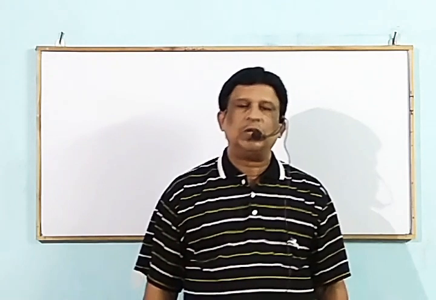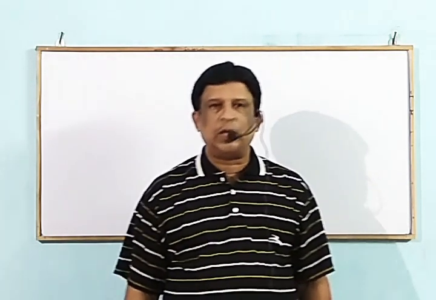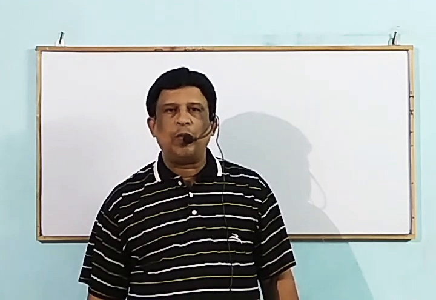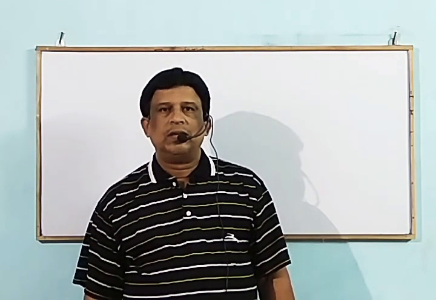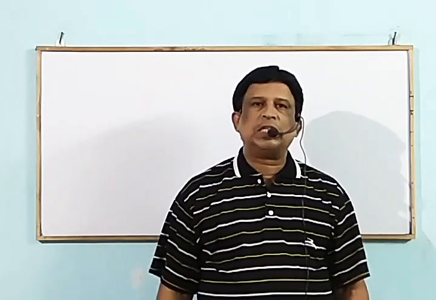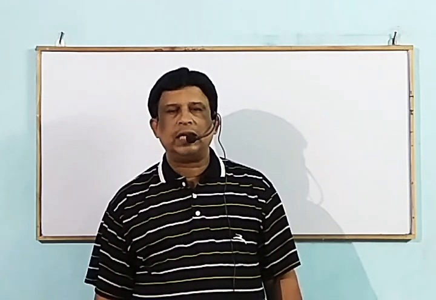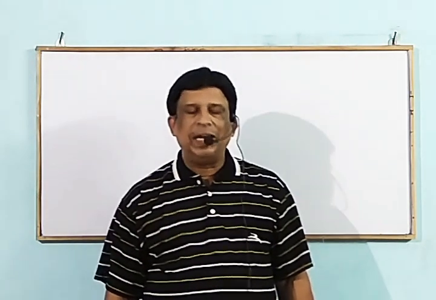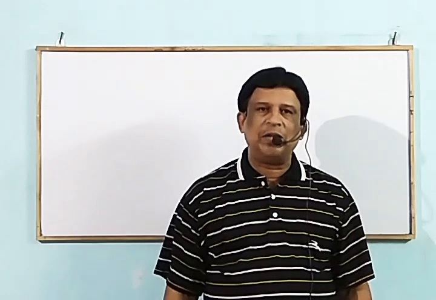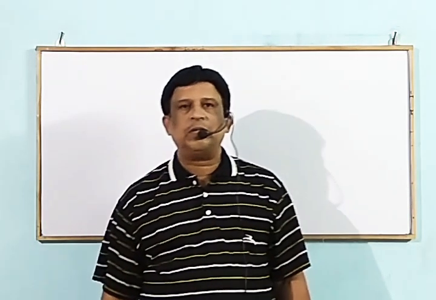Today, in class 4 of the chapter Electrochemistry, I will try to complete how the equivalent conductance, molar conductance and specific conductance vary with dilution. Next, the law of independent migration of ion, that is Kohlrausch's law, and applications of Kohlrausch's law.